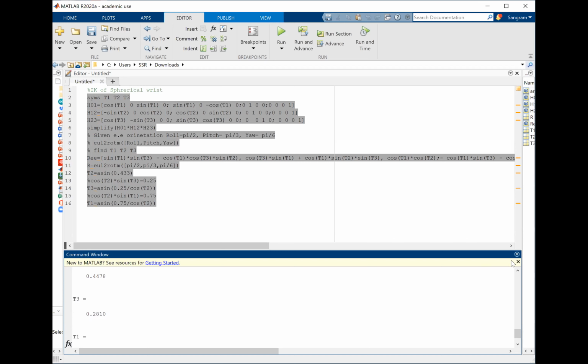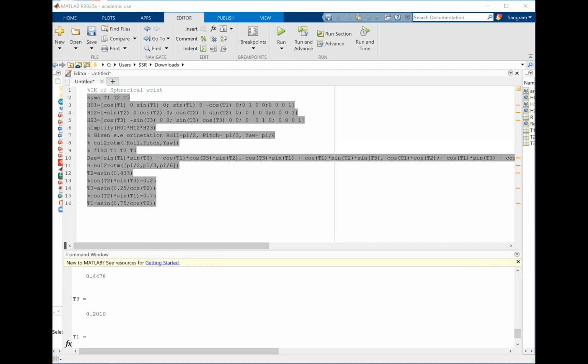That is something you want to be careful about. ZYX is the Euler angle sequence. But for that Euler angle sequence, you would want to specify the angles roll, pitch, and yaw. And if you really want to go into the details of that, MATLAB has a very nice help page where they explain the coordinate systems in robotics.